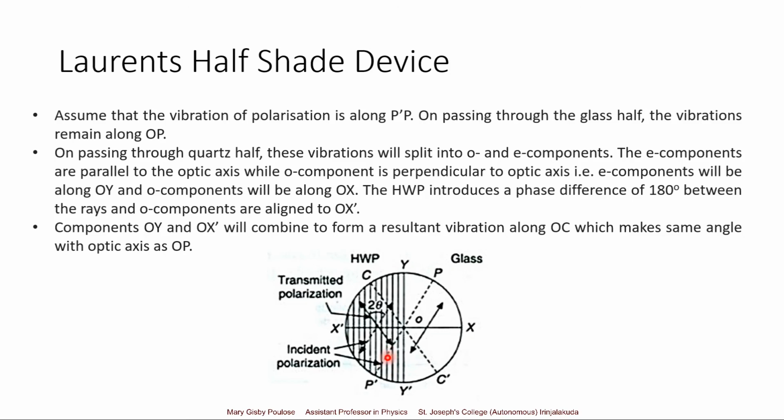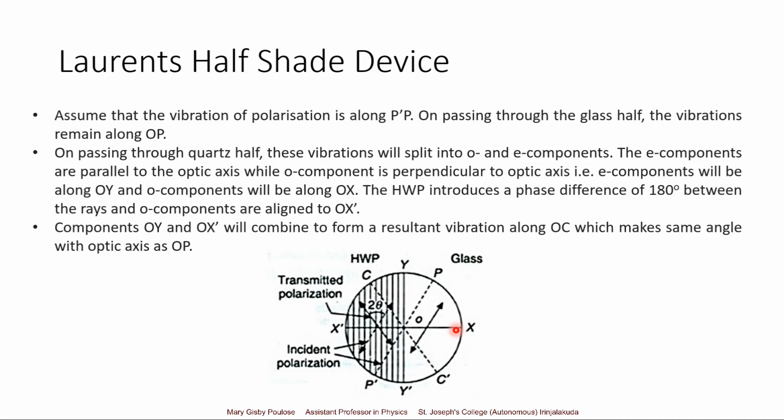The O ray and E ray will be along different axes. That is, the E component will be parallel to the optic axis, along OY, and the O component will be along OX. The direction of the ray is from P prime to P. So on resolving, it will be along these two directions.